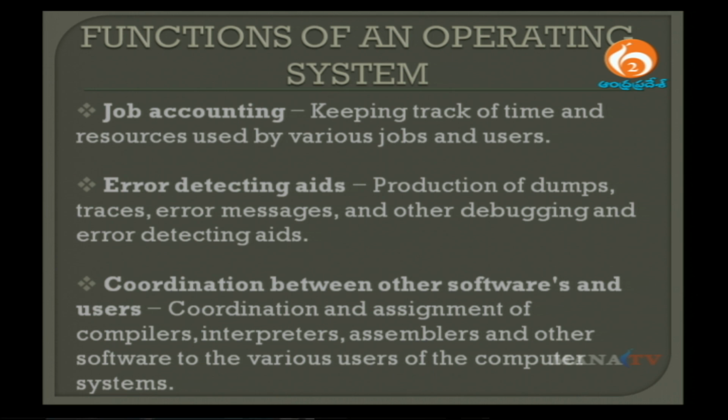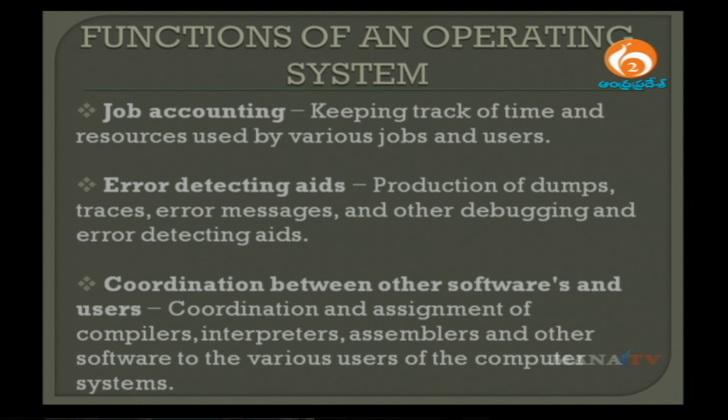Error detecting aids, production of dumps, traces, error messages and other debugging and error detecting aids. That is the virus what I am talking about. And you have coordination between other softwares and users, coordination and assignment of compilers, interpreters, assemblers and other software to the various users of the computer systems.